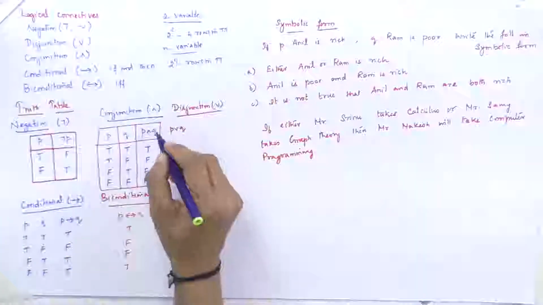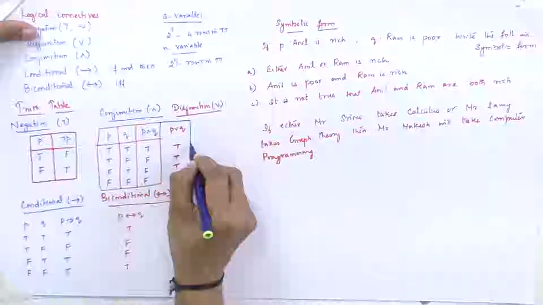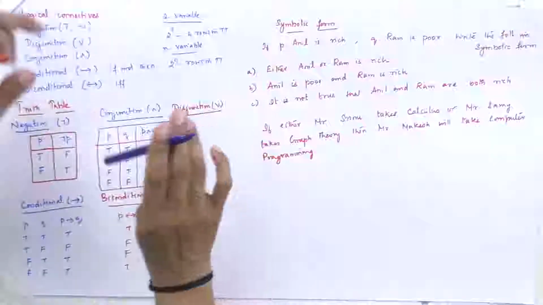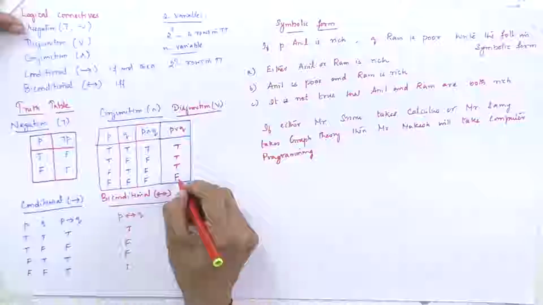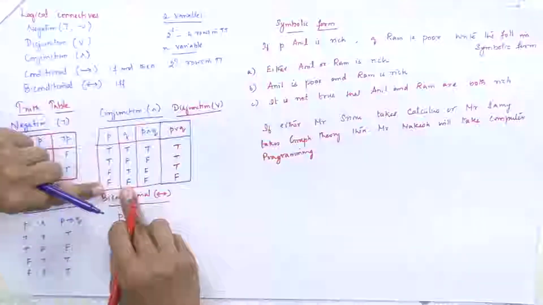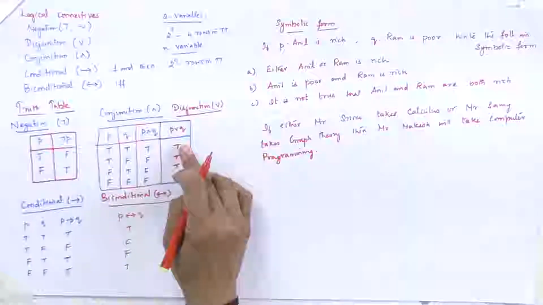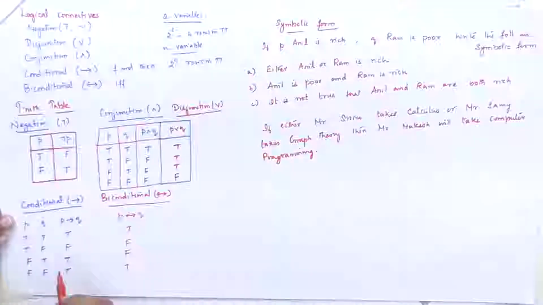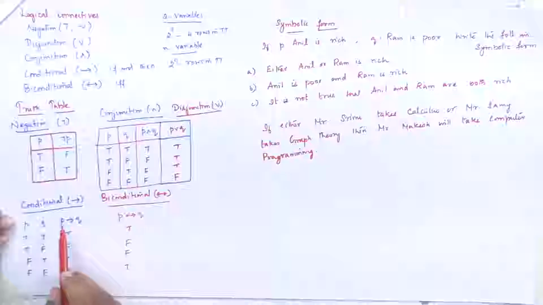And next for the disjunction, again we have two variables P and Q. For those two variables, it will have the truth value F if both P and Q have the truth value F. Otherwise, it will have the truth value T. And next for the conditional statement, P conditional Q, that is if P then Q, it is only a forward thing.